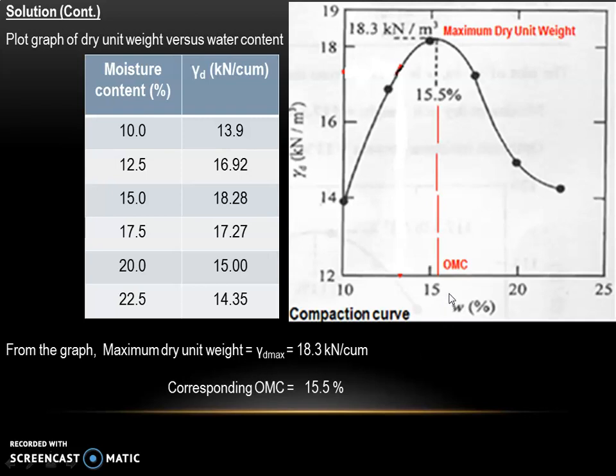We need to note down the corresponding water content for 18.3. So project it down on the x-axis to get the value of OMC, which is equal to 15.5%. So with the help of the compaction curve, we could get the value of maximum dry unit weight and its corresponding optimum moisture content.